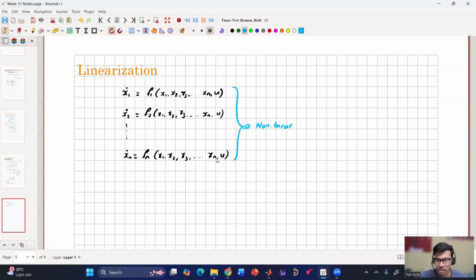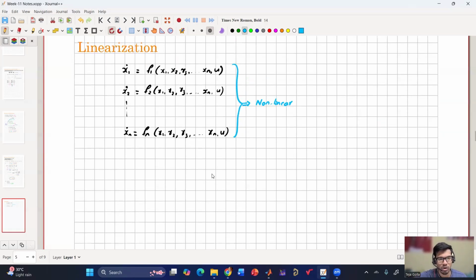So first of all, what is the equilibrium point or operating point? Equilibrium point means that if the system starts at the equilibrium point, it stays there. For this to happen, the condition is x1 dot equals 0, x2 dot equals 0, up to so on, xn dot equals 0.